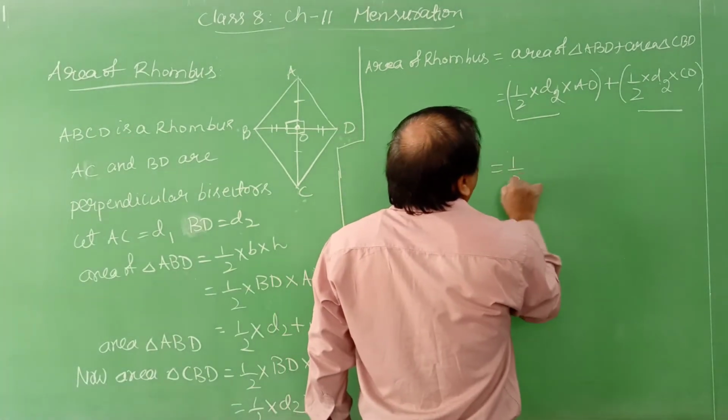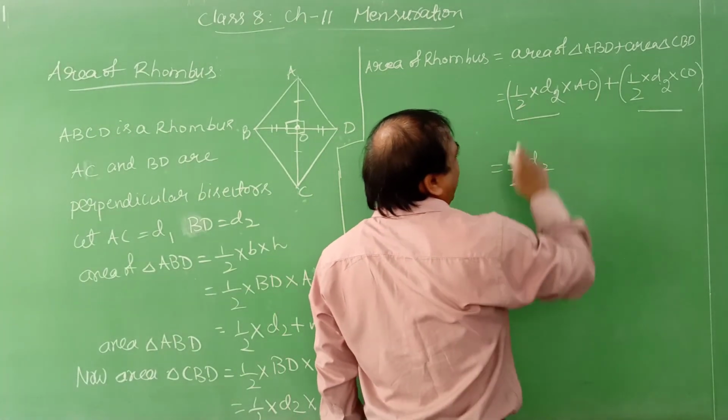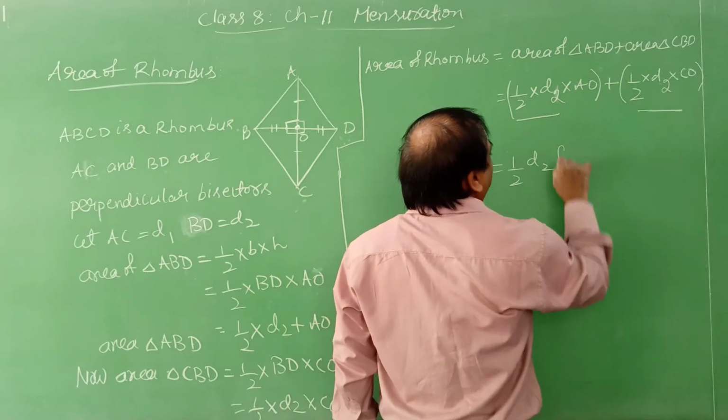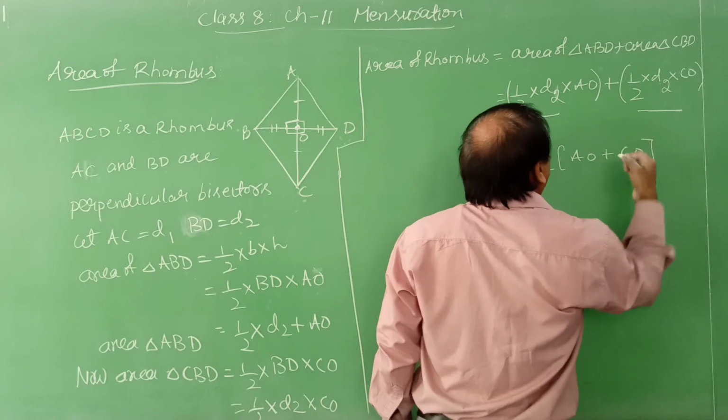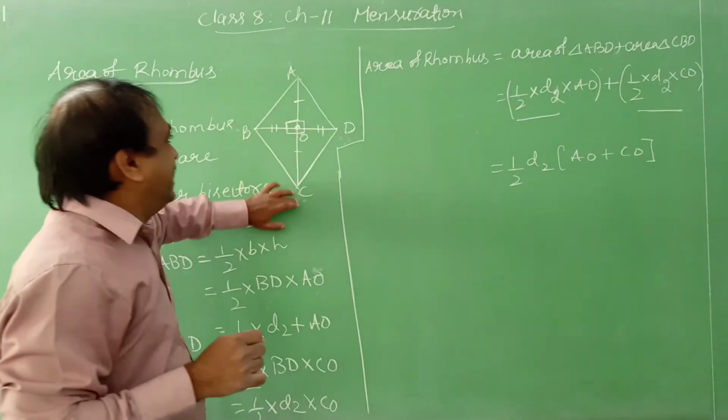Half into D2 is common. Which is left over? AO plus CO.